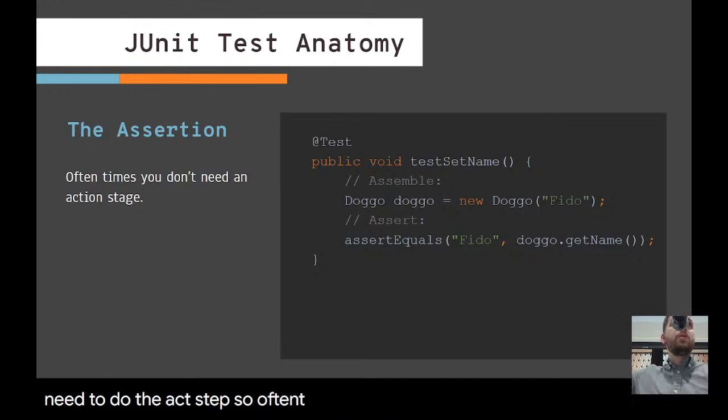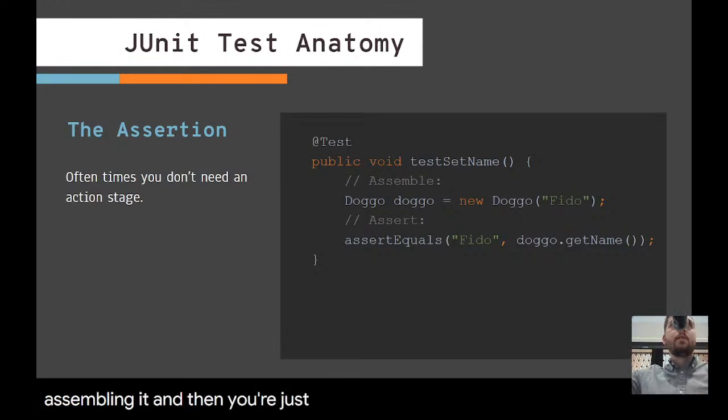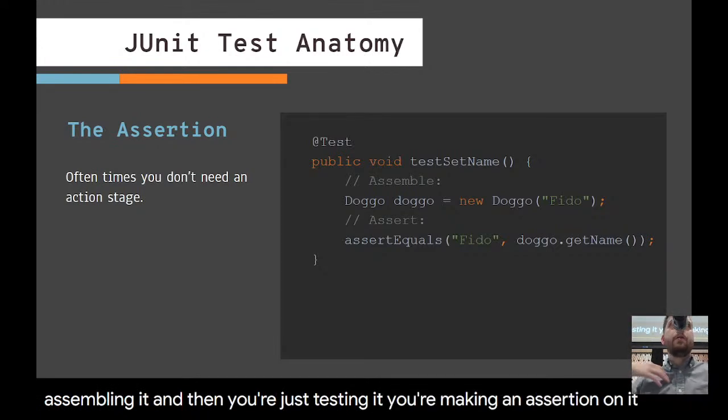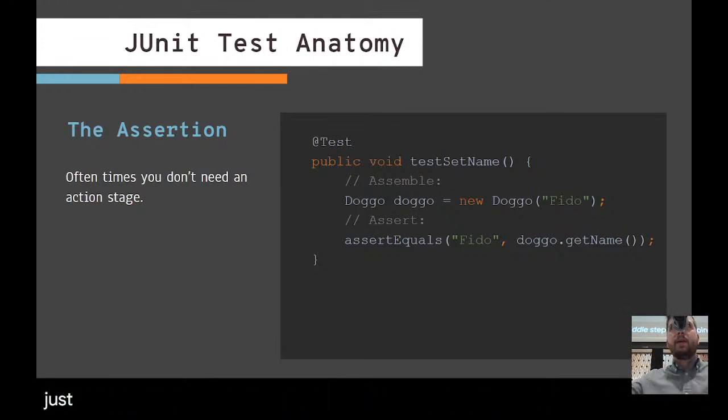So oftentimes we can just assemble the code and then just test it. The reason why I'm mentioning this is when we get to graded assignment 2, there will be a lot of tests where you are assembling it and then you're just testing it. You're making an assertion on it. You don't necessarily need to do that middle step of doing an action if we're just thinking in that flow.